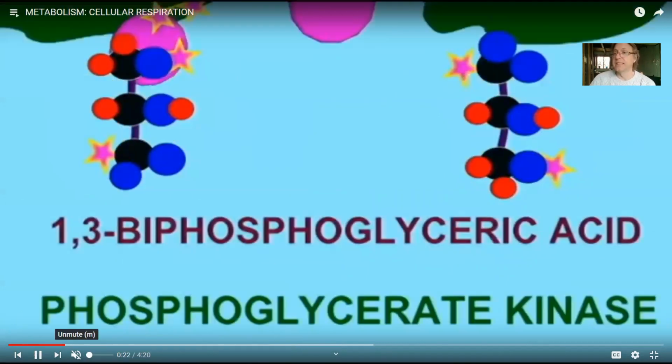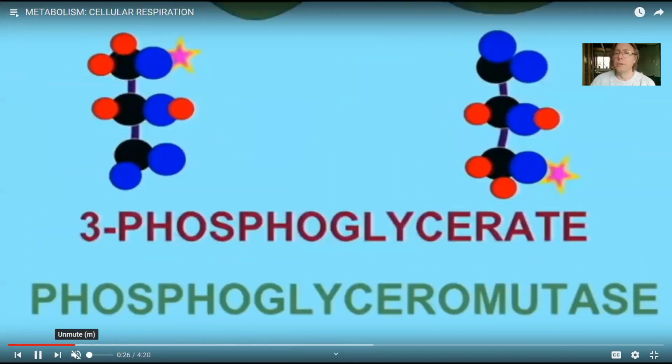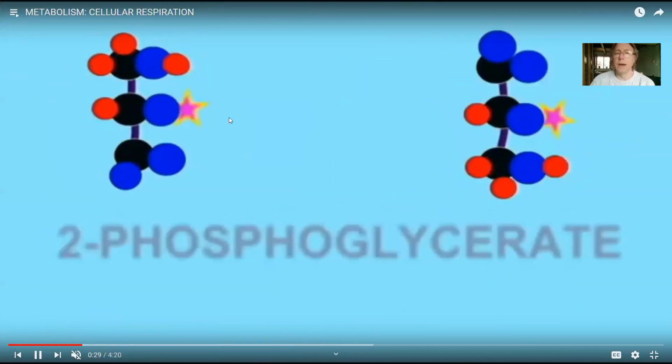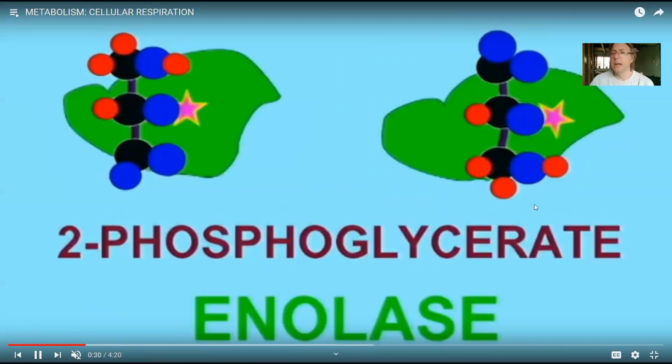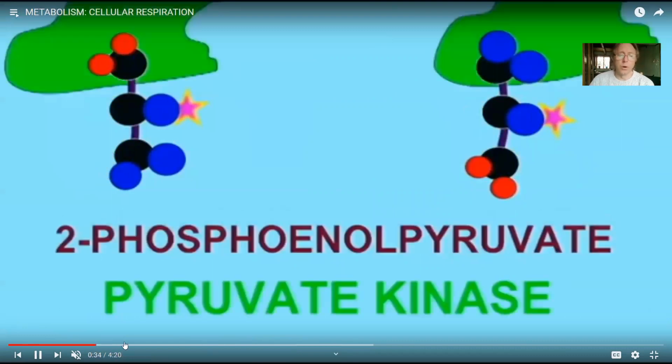So it's like investing money. You invest a little bit of money with the hope that you'll get more back. So a few energy molecules of ATP were invested and more were removed.